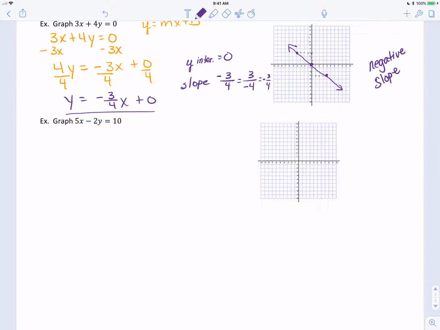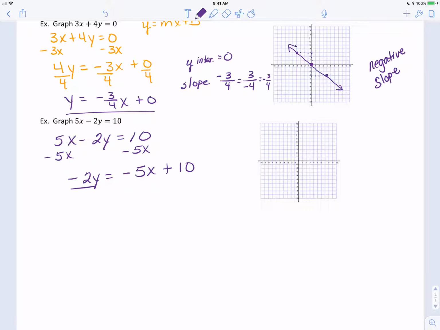Again, this one has to be put in y equals mx plus b format. So 5x minus 2y is equal to 10. Well, let's subtract our 5x because we want the y over here all by itself. And remember, get in that habit of putting the x value first. Those are not like terms, so they cannot be joined together.